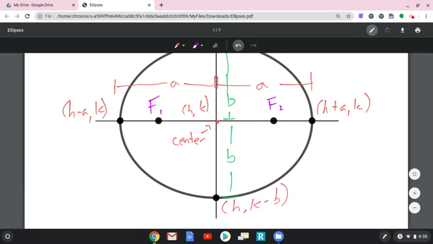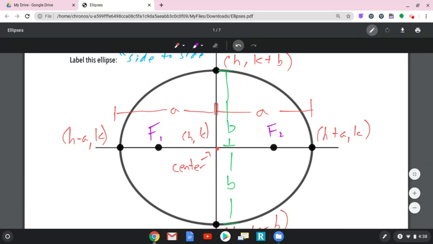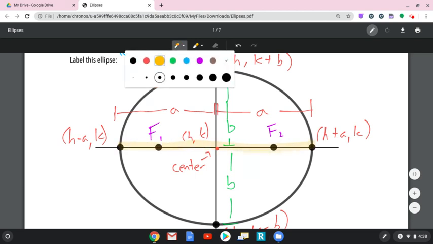Now, whether we add A or B makes a difference based on whether it's a vertical or a horizontal major axis. What do I mean by major axis? The major axis is the longer one, so this is my major axis.